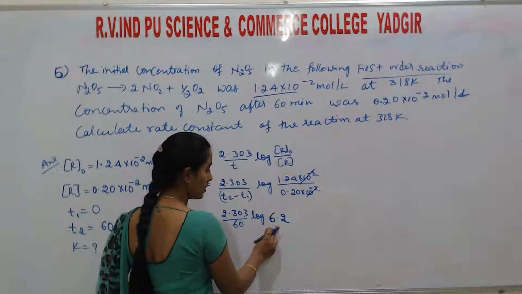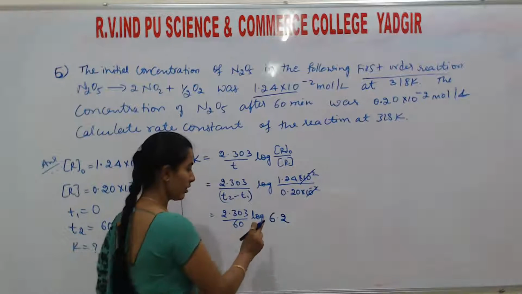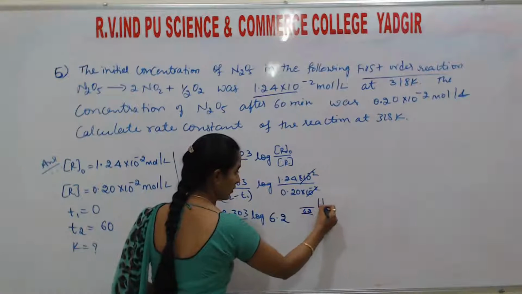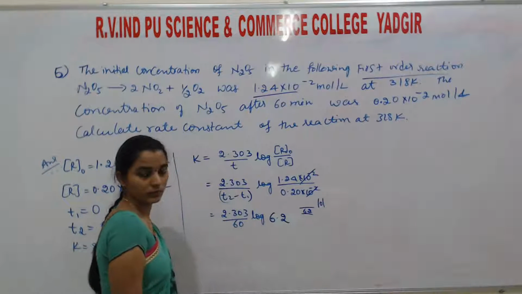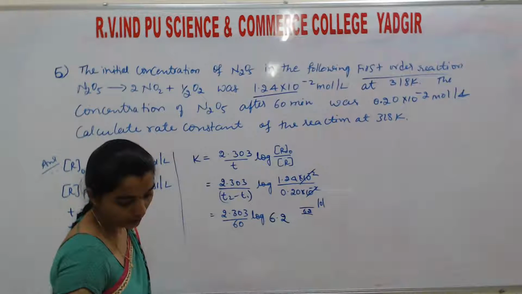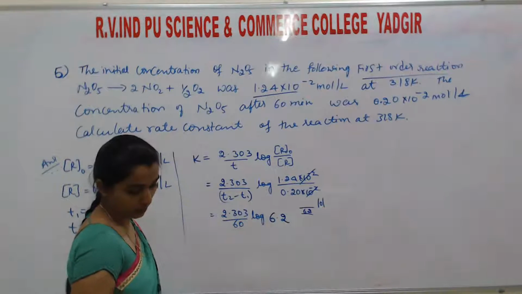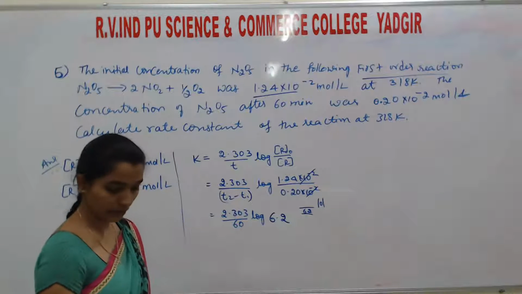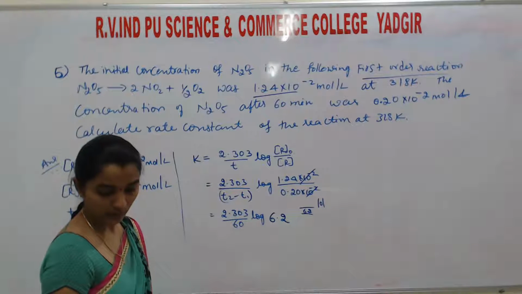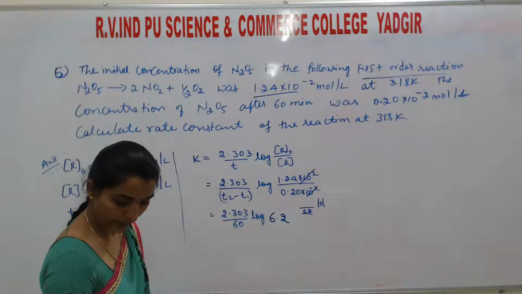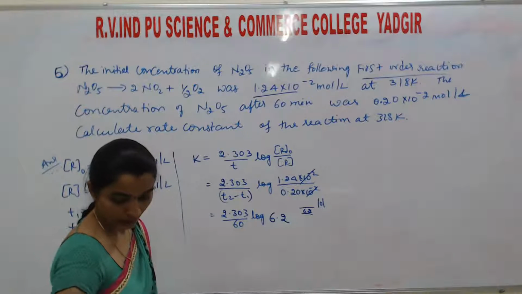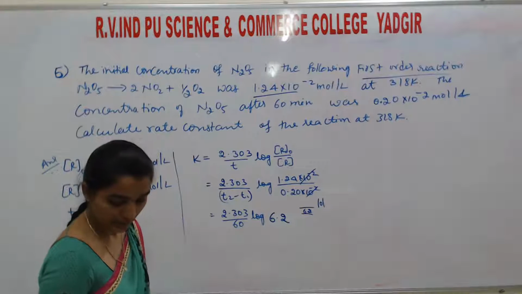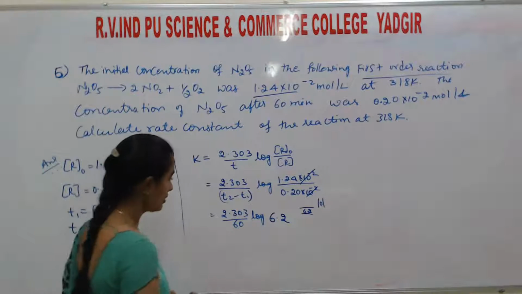Log 6.2 means we have to see the log table, in the vertical column at 62 under 0. So the value of log 6.2 is 0.7923.